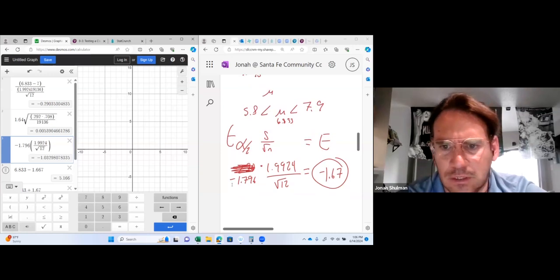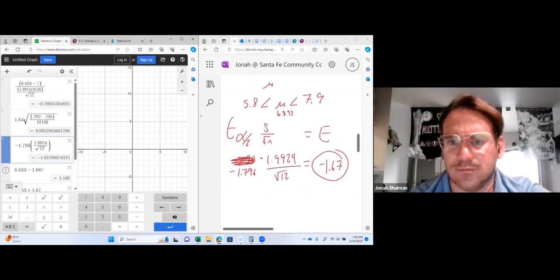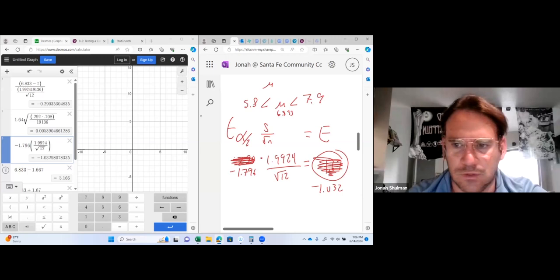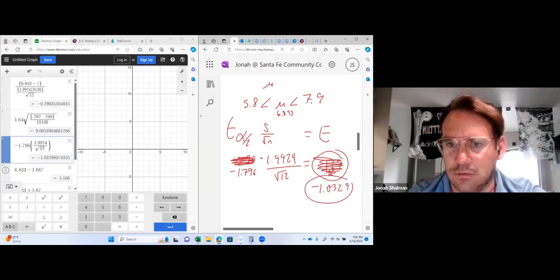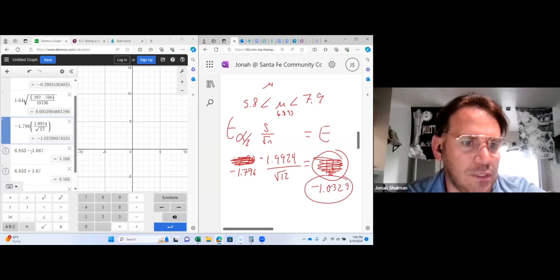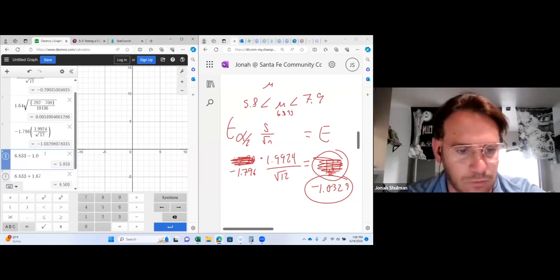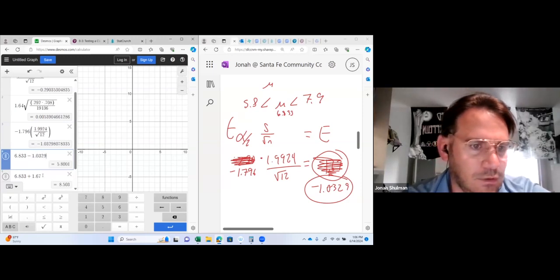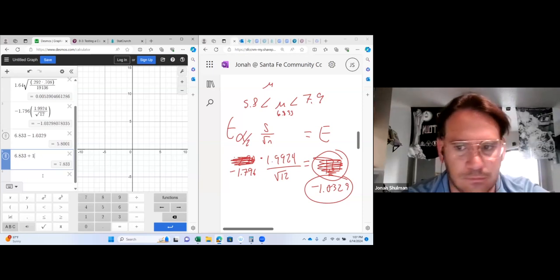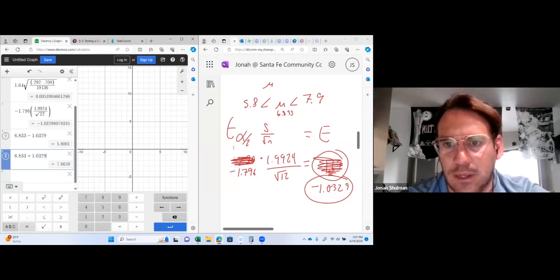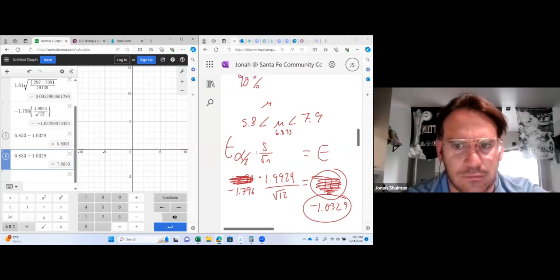So it shows us that our error is in fact negative 1.0329. So we take the mean, we subtract negative 1.0329, and then we add 1.0329, and this is our confidence interval.